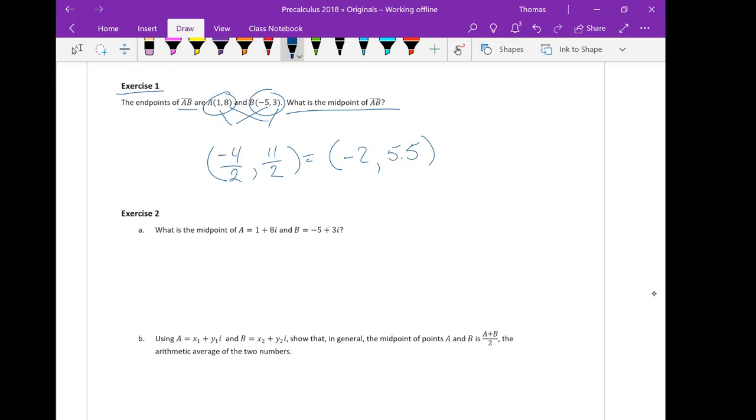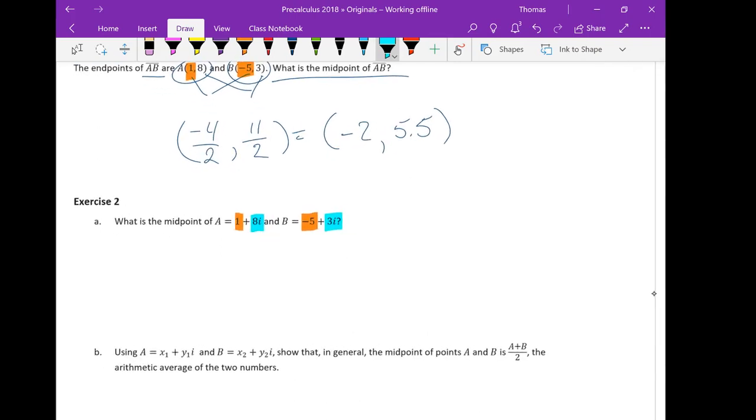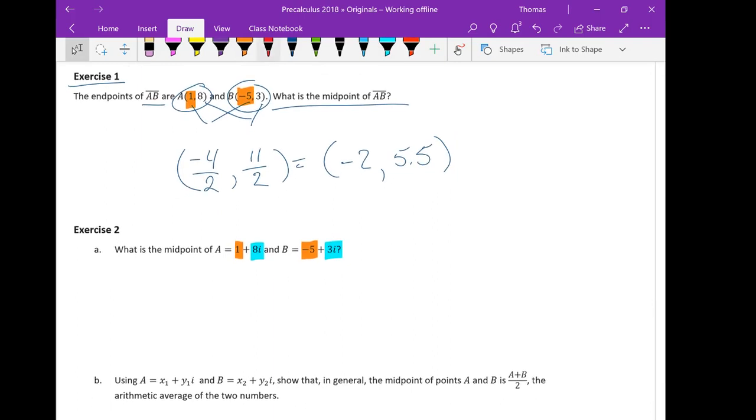All right, so now we want to find the midpoint of our complex numbers, but looking at them, we notice they're actually the same points in the coordinate plane. If I were to plot 1 plus 8i for a, that's the same as plotting the point 1, 8 in the complex plane.